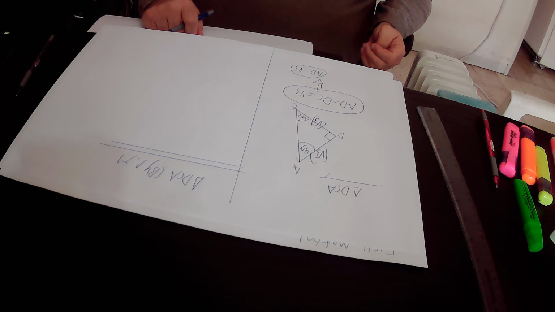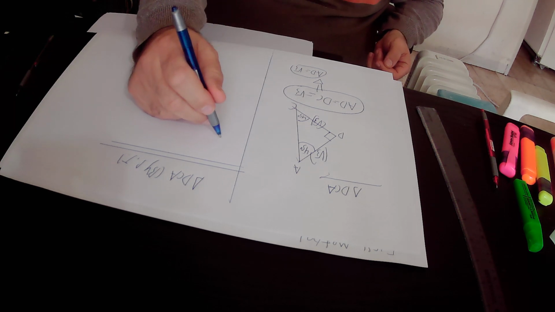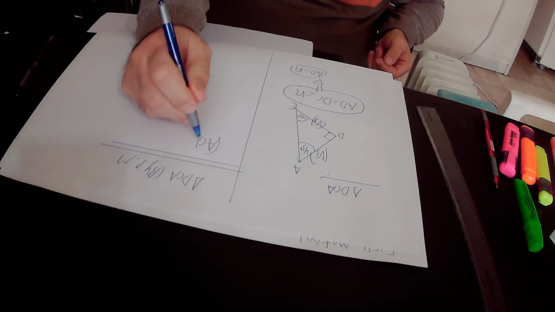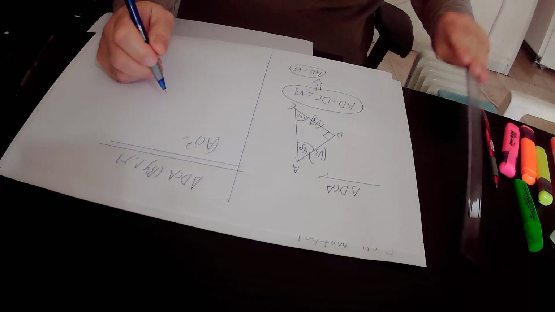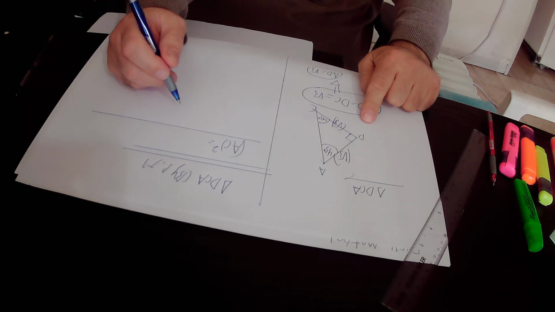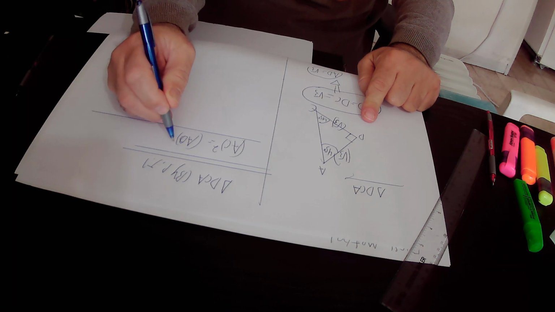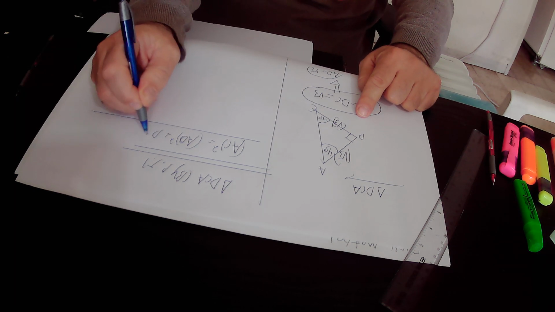That is to say, the hypotenuse is AC, so the square of the hypotenuse is AC squared, and it must be equal to AD squared plus DC squared.